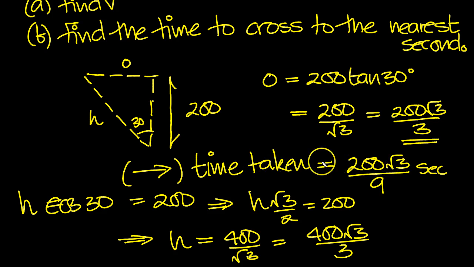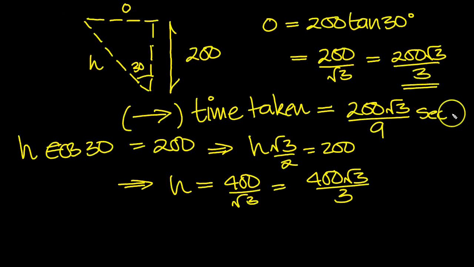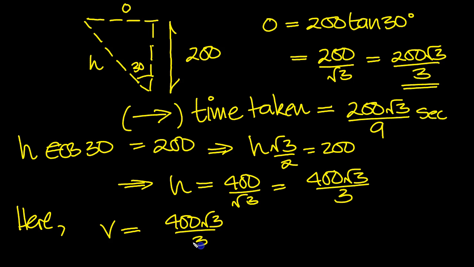So that's the time taken, but the velocity will be the distance divided by the time. So v is equal to the distance, 400 root 3 over 3, divided by the time taken, 200 root 3 over 9.